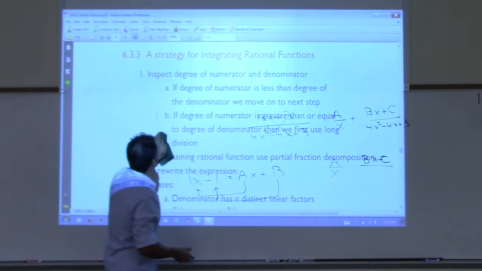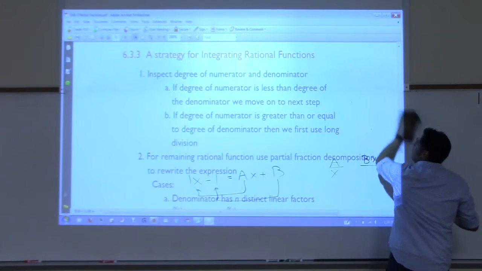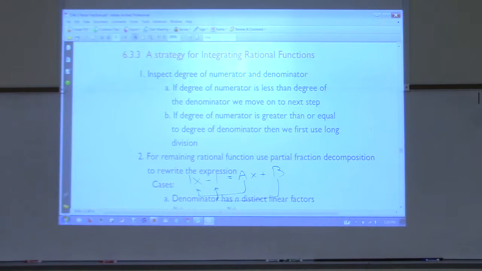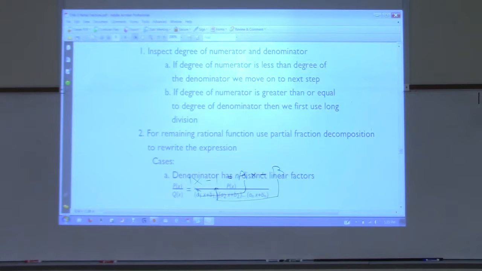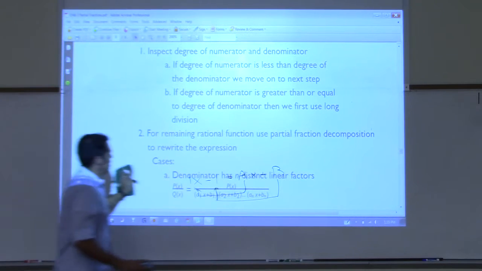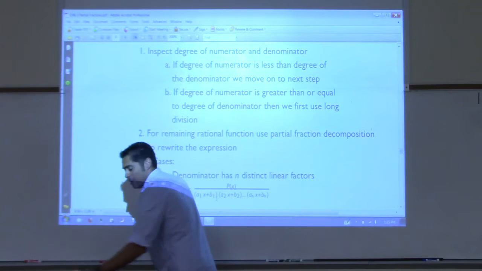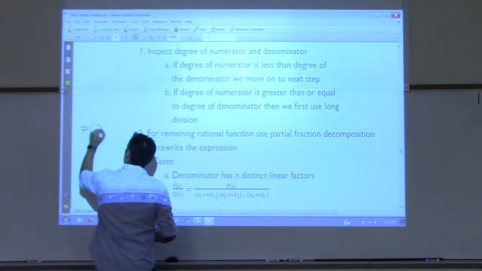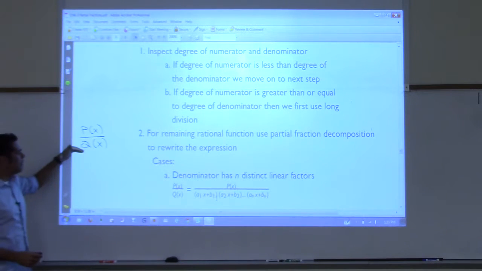All right, a strategy for integrating. These are the steps right there. If you have a rational function, it's something that looks like p of x over q of x, a polynomial on top and a polynomial on the bottom.